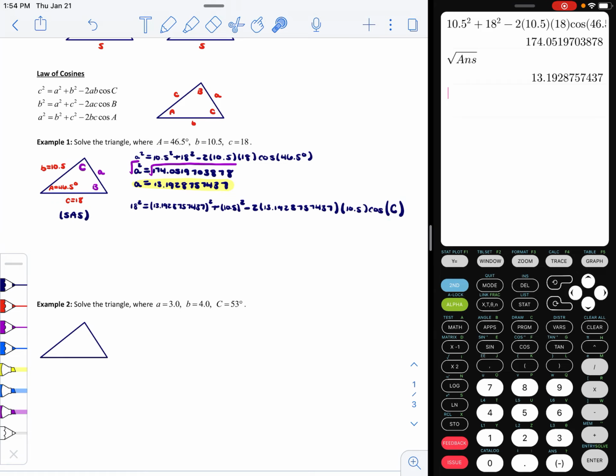So we're going to have to do a little bit more work to solve this one, but it's still not going to be too bad.